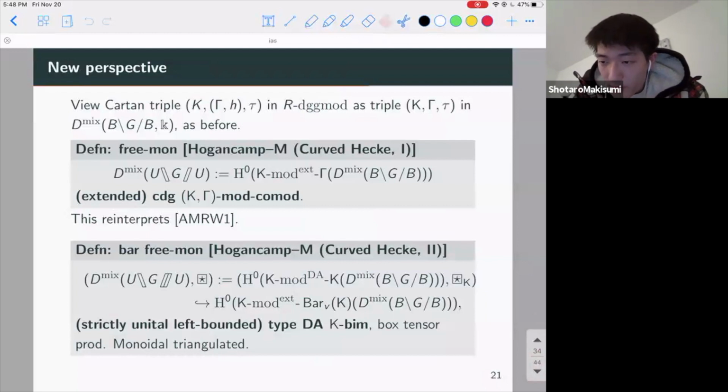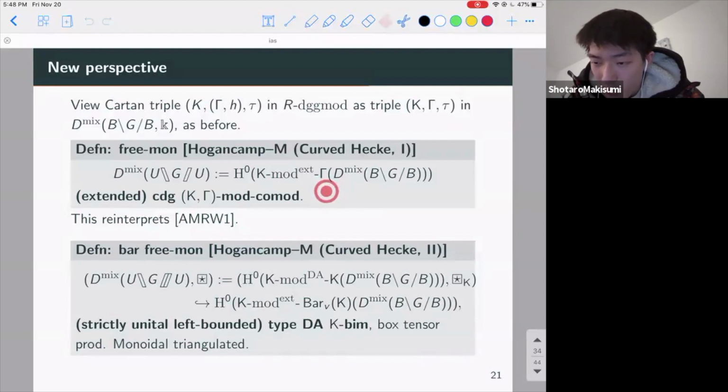So with this motivation from curved Koszul duality, here's Matt Hogancamp's and my proposal for a new definition of D mix U G U. This is essentially a reinterpretation of the definition that was given in AMRW, and I tried to give you a taste of earlier. I said that on the left in that definition, there were some odd variables, and on the right, there were some dual polynomial variables together with a curvature.